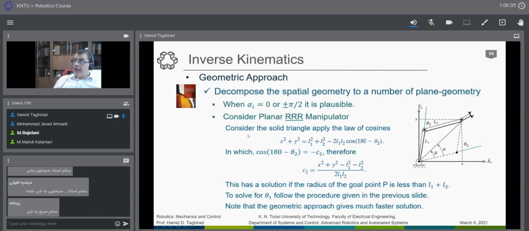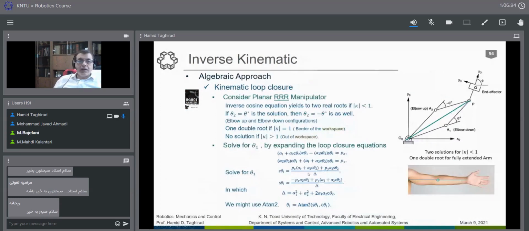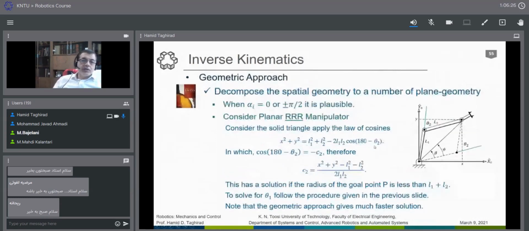And this is exactly, if you consider cosine of 180 degrees minus theta 2, which is equal to minus C2, the solution that we have worked out here with a number of steps to reach this point. Here you can just go with a simple touch and use the cosine angle.